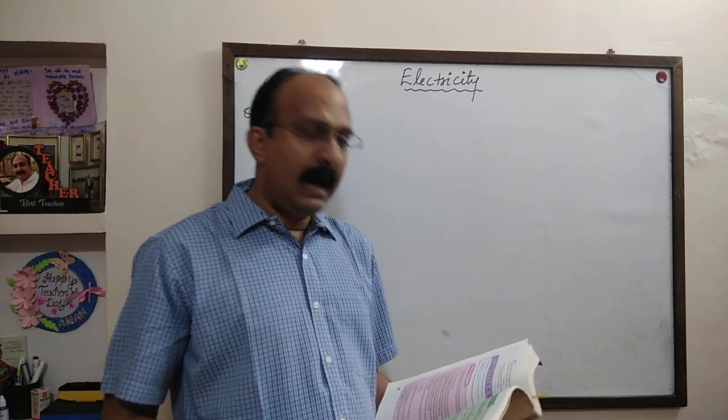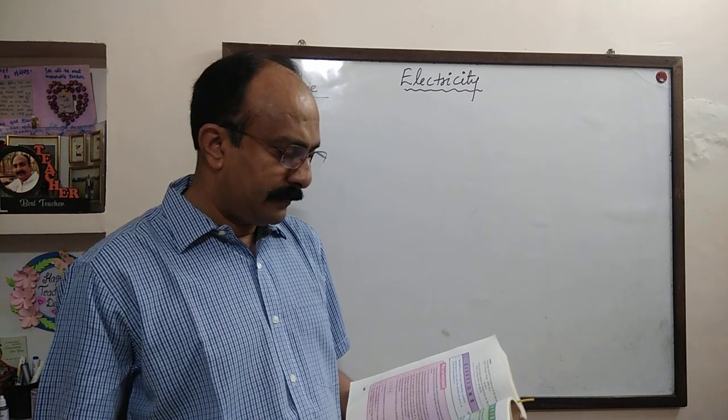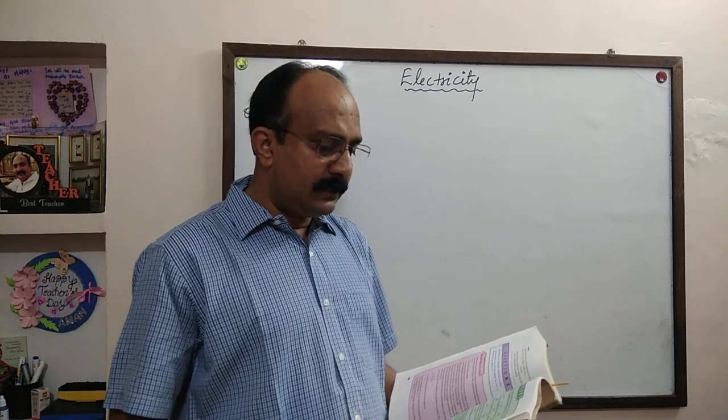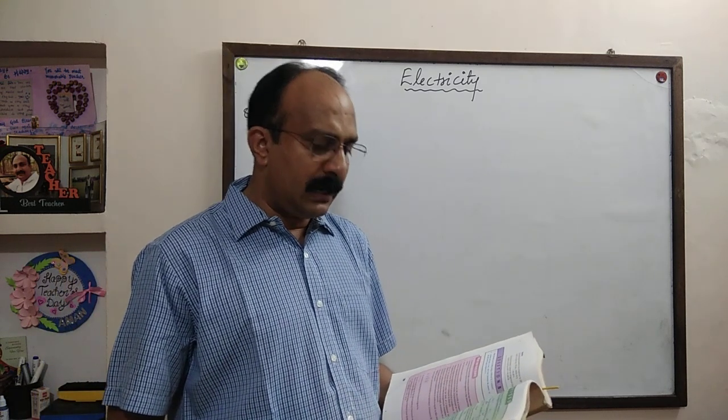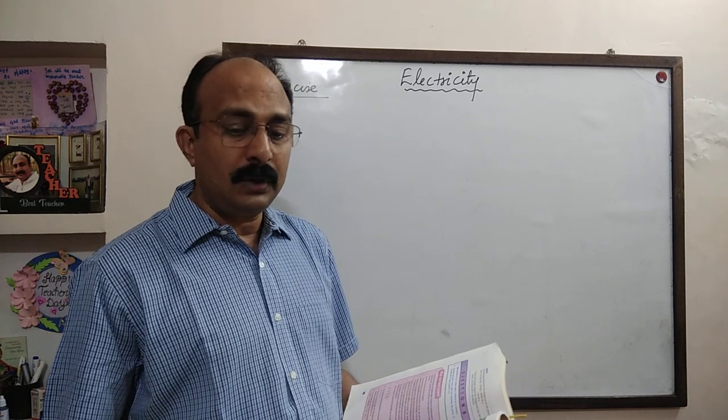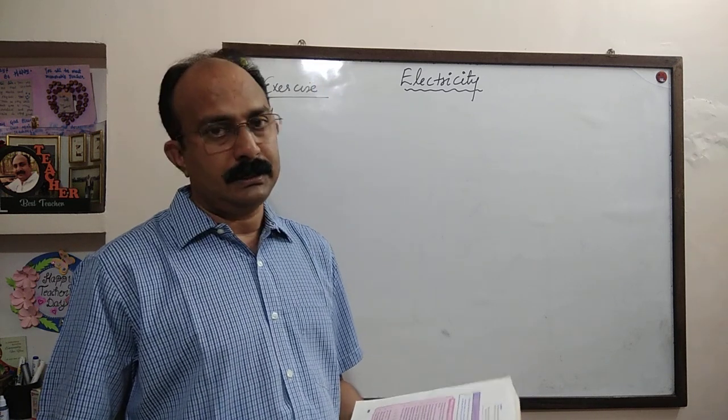These parts are then connected in parallel. If the equivalent resistance of this combination is R dash, then find the ratio R upon R dash.